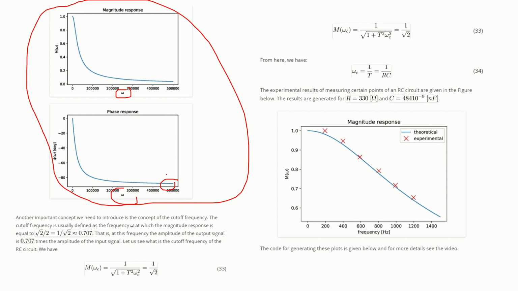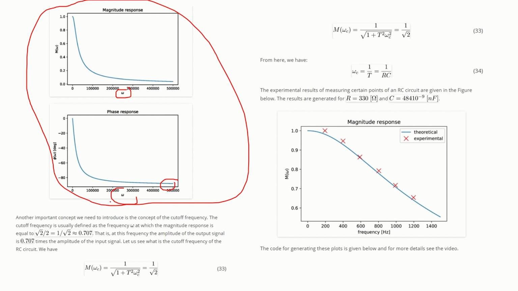Another concept that we need to introduce is the concept of the cutoff frequency. The cutoff frequency is usually defined as the frequency omega at which the magnitude response is equal to 0.707. That is, compared to the input amplitude, the output amplitude is 70%.